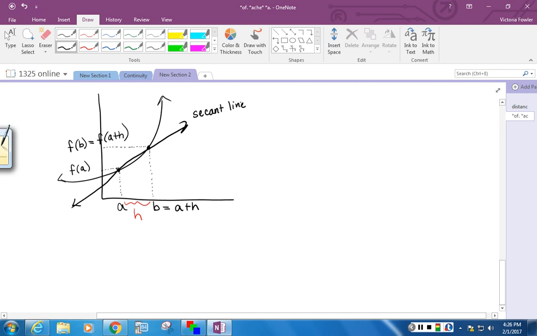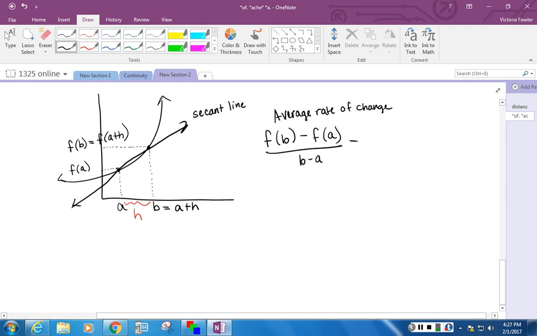Now I can find the average rate of change between these 2 points, and in general I write down f of b minus f of a all over b minus a, and then I'm going to use the fact that I'm calling b a plus h.